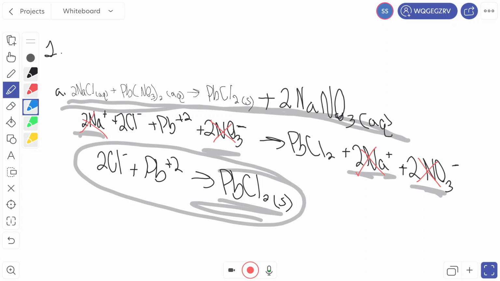You swap the cations, or the metals, or positives, whatever you want to call them. So you can see, over here, we now have lead with chloride. Then you check to see if your products are soluble. If one of your products is not soluble, then congratulations, you have a reaction. If they are both soluble, then you have no reaction.